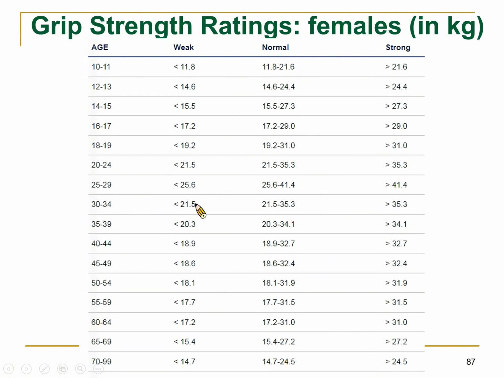OK, 可以吗？ So there come different standards for different age and different gender. So you will get a number for your grasping function in the right hand and left hand, and you can also use the chart to see if you are normal or weak or strong.